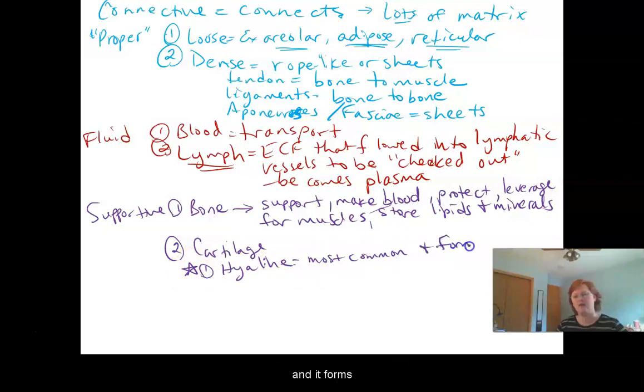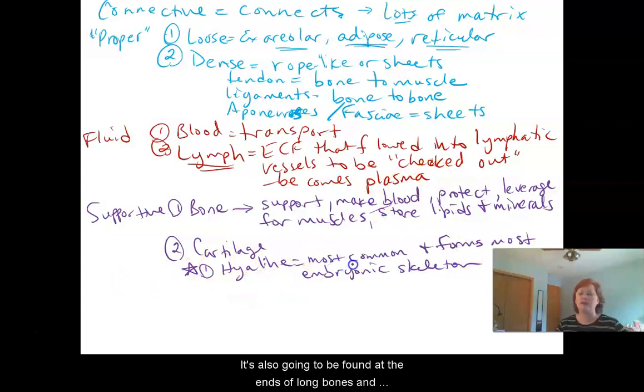It forms most of the embryonic skeleton. It's also going to be found at the ends of long bones, and that's because it's left over from those original little cartilage bones in the fetus.